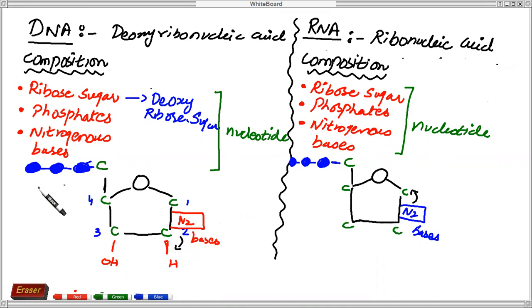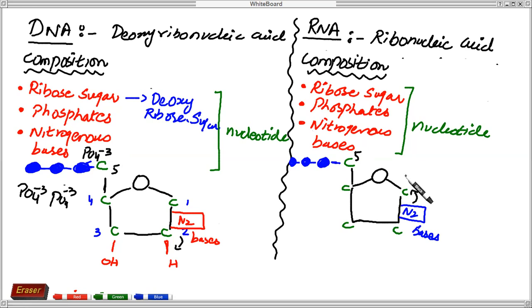As far as the phosphate ions, PO4 minus 3, are concerned, in case of DNA they are attached on the fifth carbon, whereas phosphate PO4 minus 3 is also attached on the fifth carbon in the ribonucleic acid.